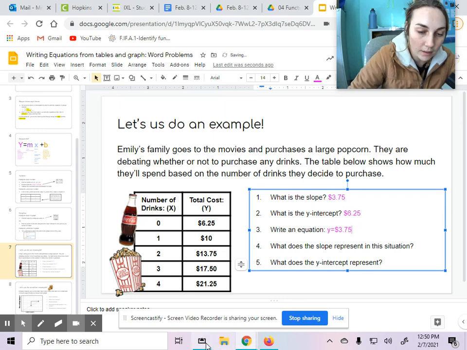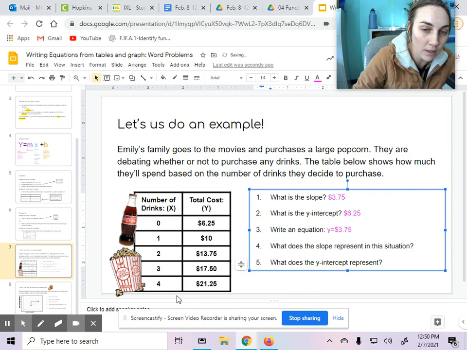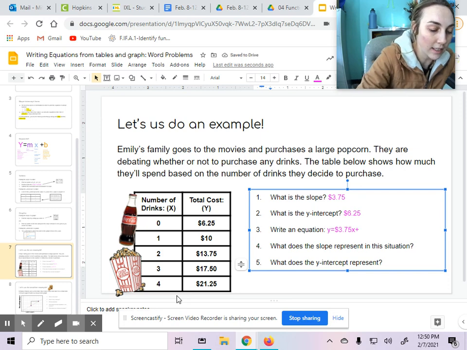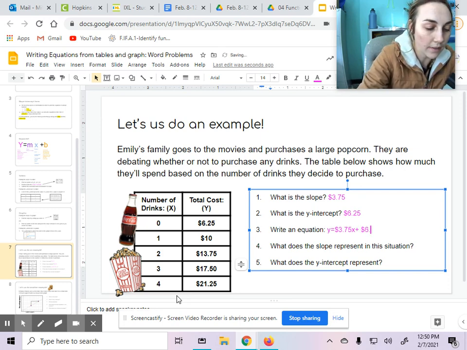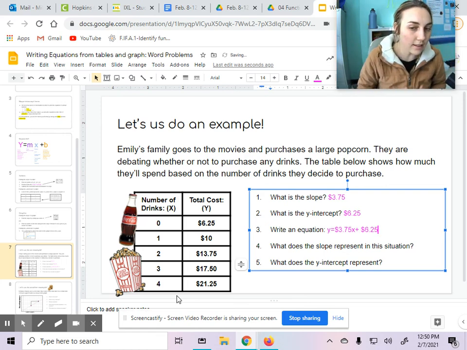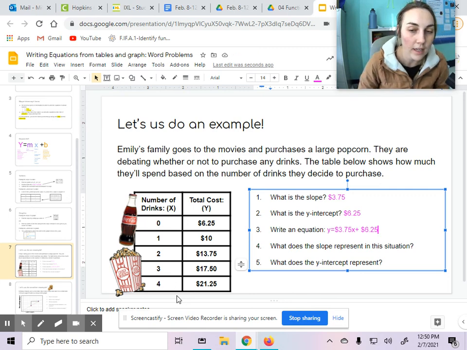We always put that x in there. The x is always attached to the hip to the slope, so I'll plug that in. And then we're going to add our y-intercept, which is $6.25. So guys, there's our equation. We found our slope, we found our y-intercept, and we plugged it into our slope-intercept form, no problem at all.